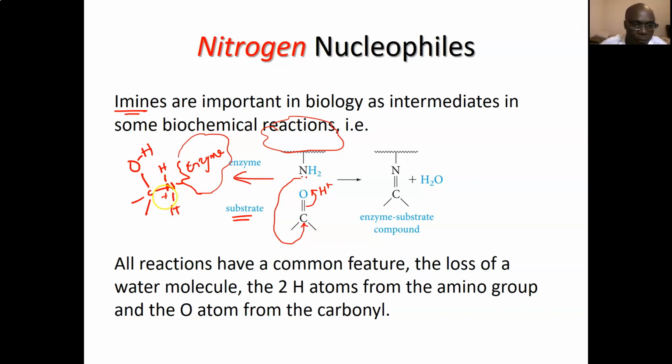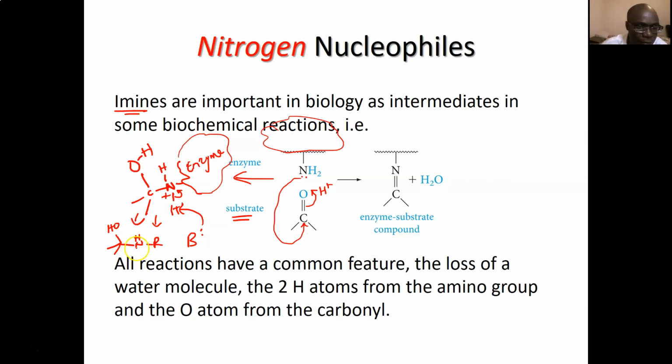So the nitrogen bears a plus charge because you have 4 bonds. And then part of the enzyme has a basic site where we'll pull out the hydrogen. You can pull out the hydrogen to neutralize the nitrogen. And of course, you're going to end up with an unstable intermediate which now has NH and your enzyme.